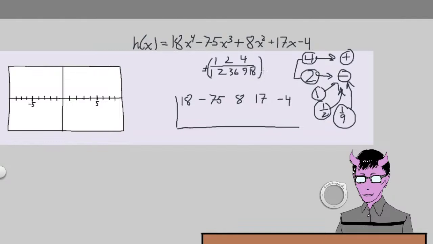And I worry that maybe I copied things wrong again, so let me check to make sure all my signs are correct. Yeah, okay. They look like they've been copied correctly. This is positive, negative, positive, positive, and negative, yes.